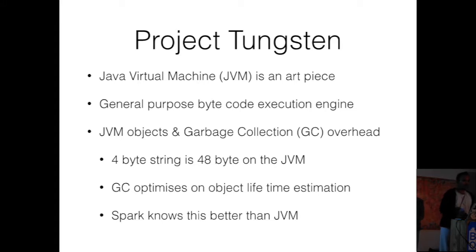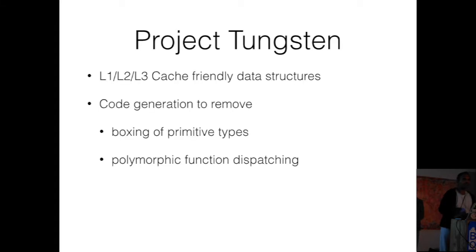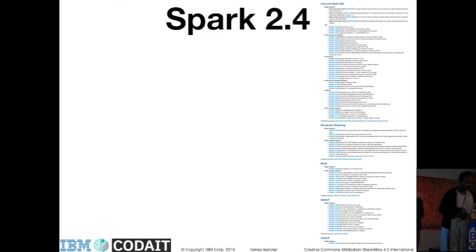So therefore, the Project Tungsten uses the unmanaged version, so it doesn't keep management itself. Okay? There's also a cache-friendly data structure and also code generation in Project Tungsten. So those are 2 very important components of Apache Spark since version 2, I think, or 1.6 or something.